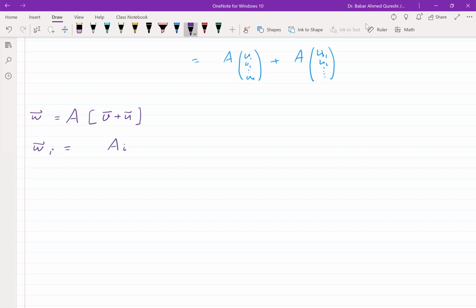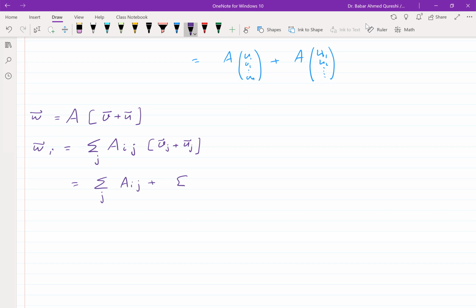It would be A i j, and the jth component of this vector, sum over j. But this just splits open.